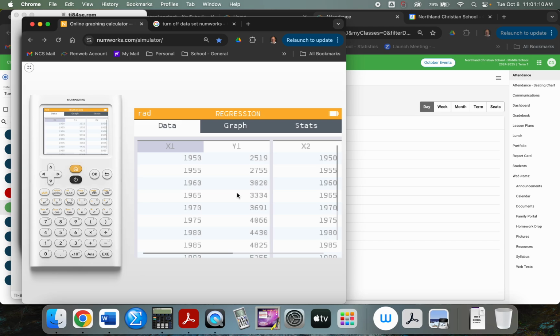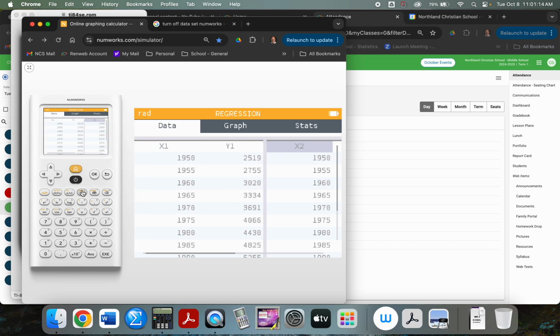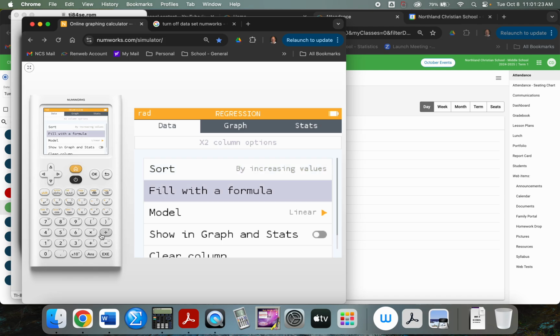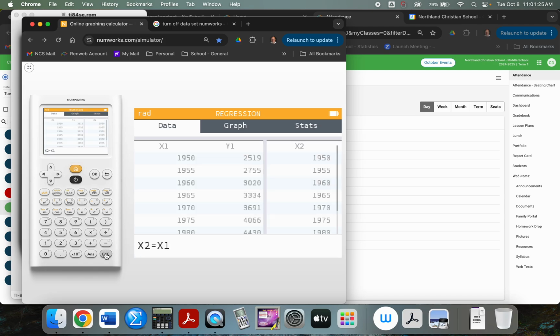Then I'm going to come over here, and for X2, I'm just going to fill it with a formula. The formula is that X2 is equal to whatever X1 was.